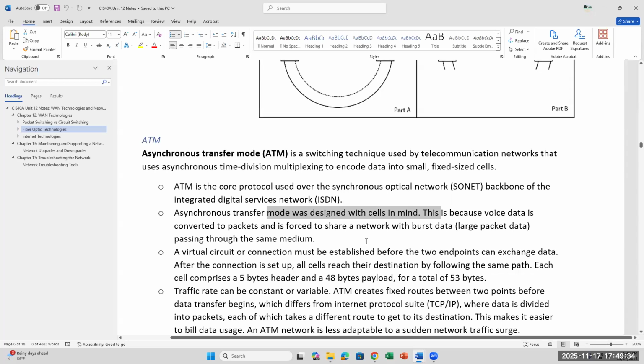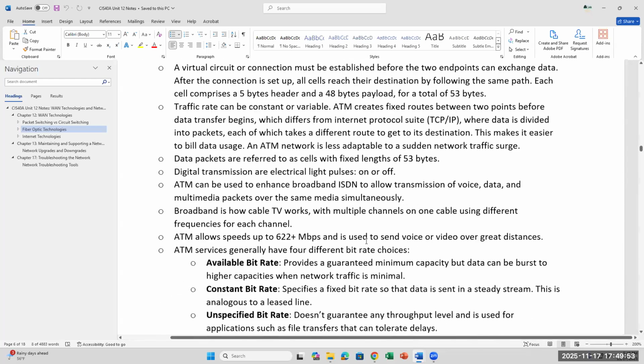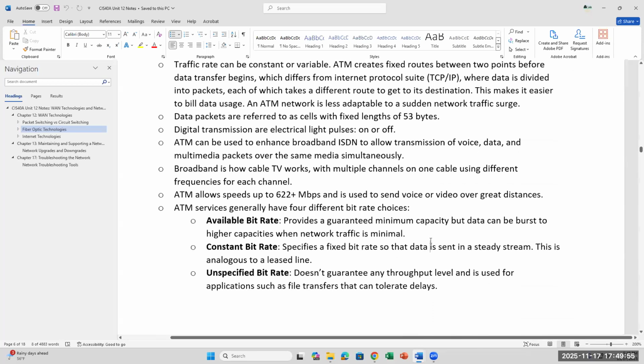So when I started entering the field, ATM was abundant, just like how you are seeing fiber optic today, right? And frame relay, that was like every business, they want to upgrade to a certain type of network. And so will you see this still? There might be some old part of the network in some businesses that have it.